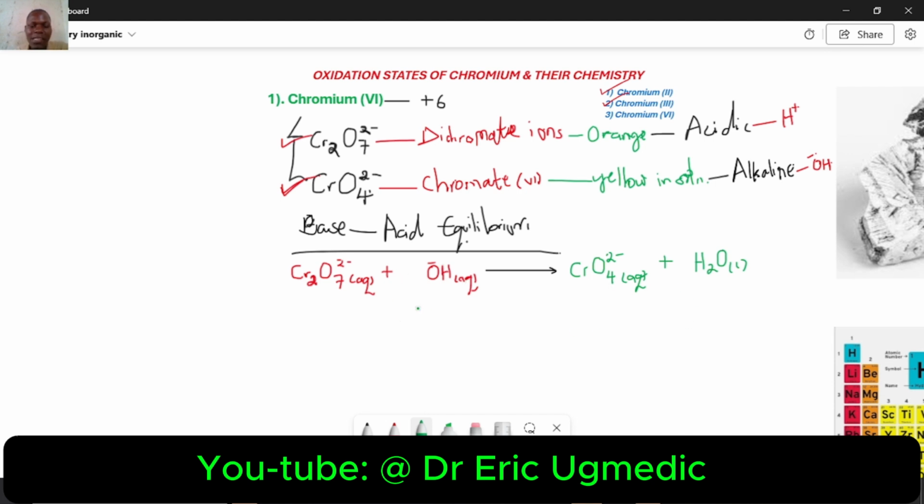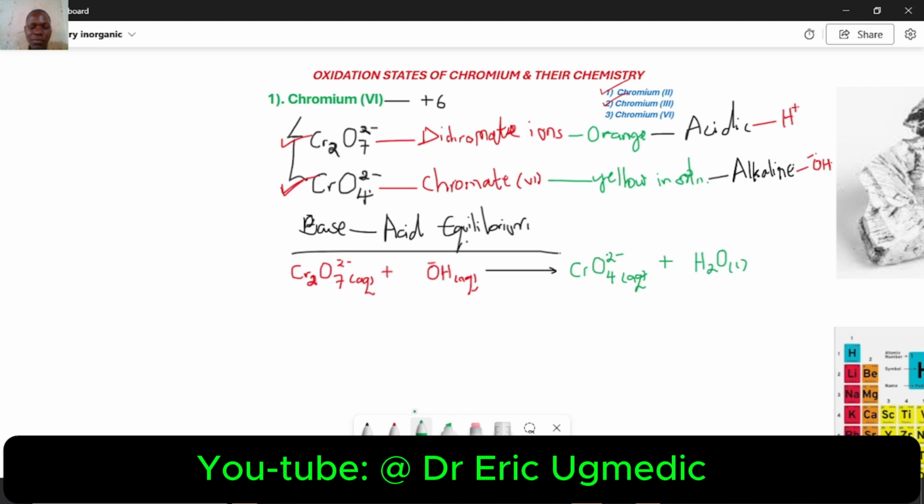One may ask, why is it that we haven't formed hydrogen ions this side? It's simply because if we formed hydrogen ions, it would mean this would be a reversible equation. But remember, we are still writing a half equation. So we are having just the chromate and water.